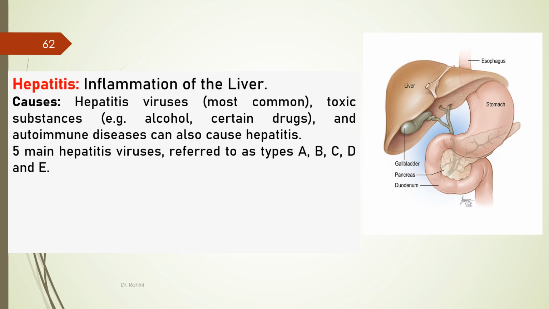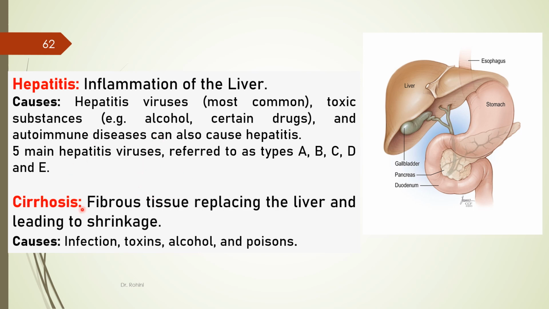Hepatitis is inflammation of the liver. Most commonly it is caused by viral infections, such as hepatitis C, D, and E. Other causes are toxic substances like alcohol or some drugs, and some autoimmune disorders may also cause hepatitis. These infections can lead to prolonged inflammation and fibrosis, replacing the liver parenchyma with fibrous tissue and leading to its shrinkage, commonly by infection, as I mentioned earlier, and toxins, alcohol, and poisons.